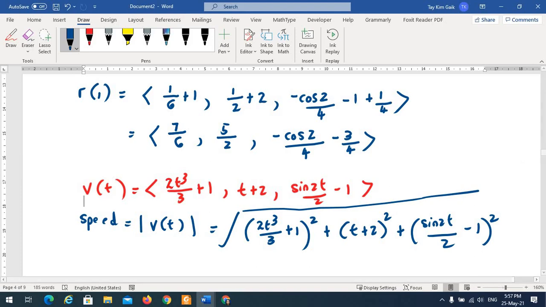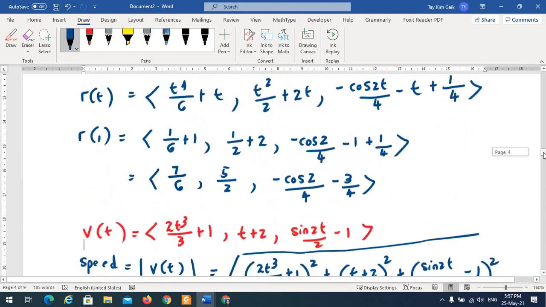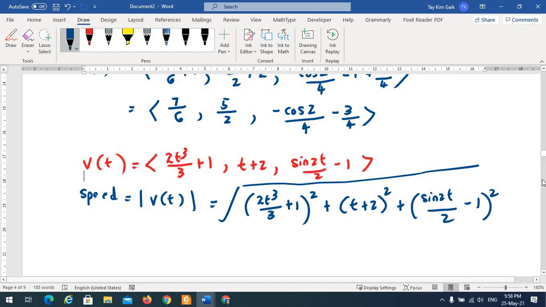Okay, we find v(1). So this is the speed, and then v(1), when t equal to 1. When t equal to 1, then the speed, plug in t is 1. So it's 2/3 plus 1, so 5/3, squared.